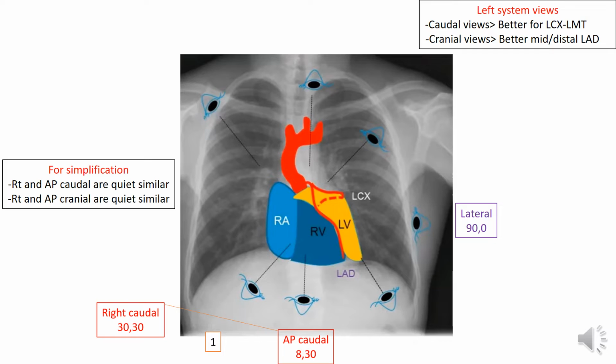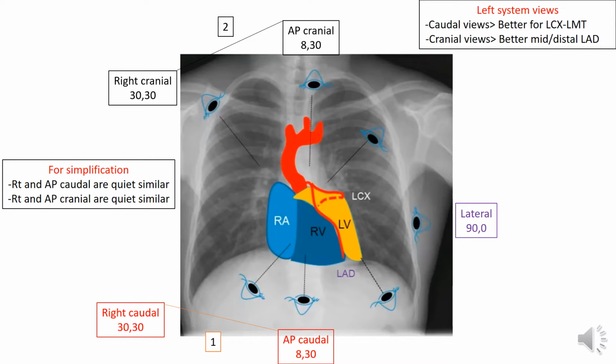So during the spider or right caudal view, you will find the circumflex artery running vertically on the image, as we will see in the coming slides. For simplification, both views have a similar picture in the coronary angiogram, so we will deal with the spider view and right caudal view as one view, just for simplification.